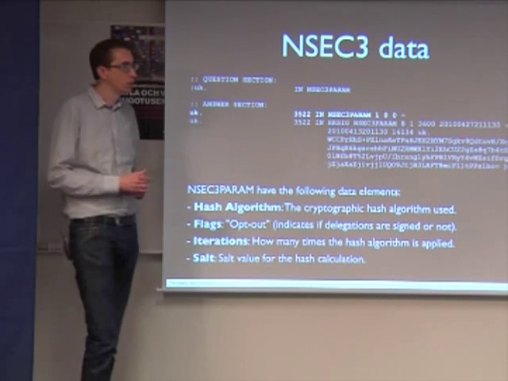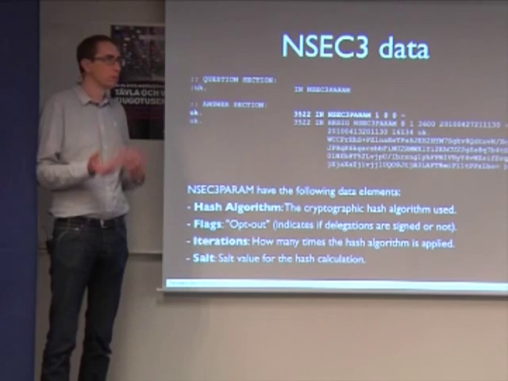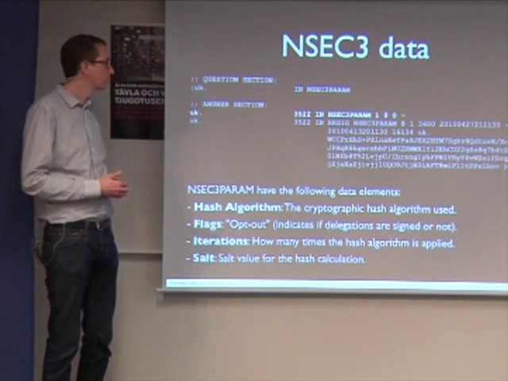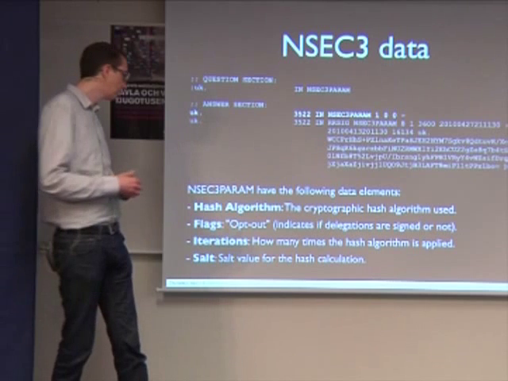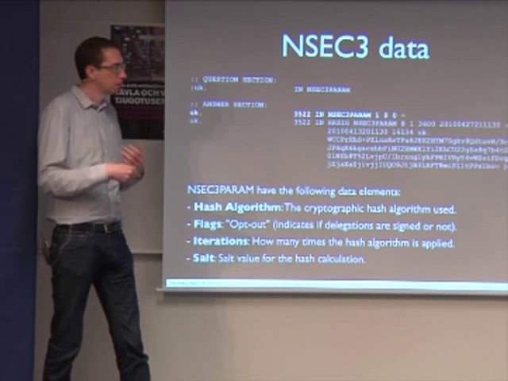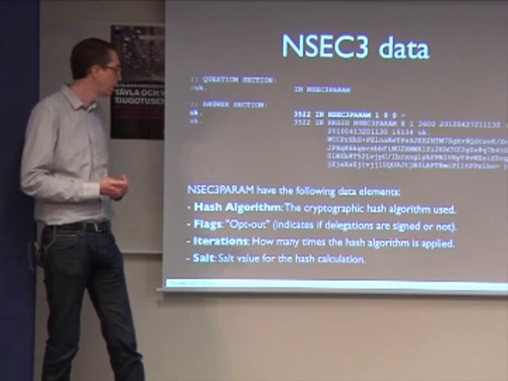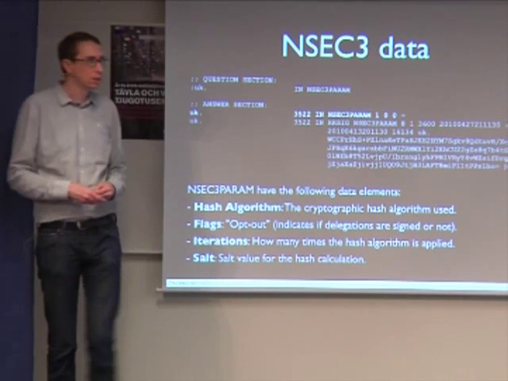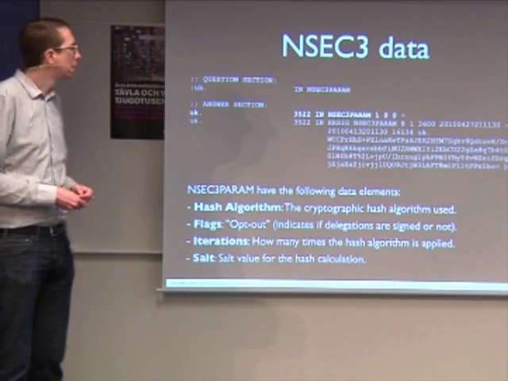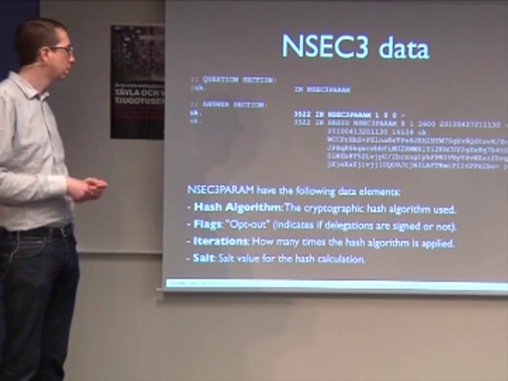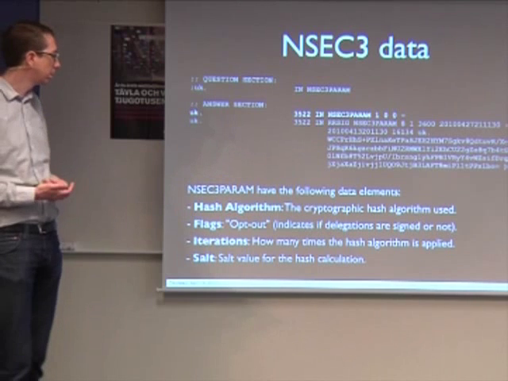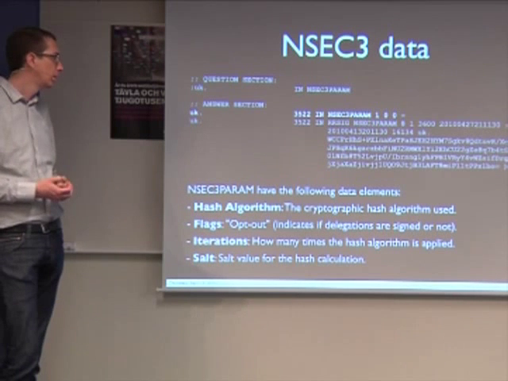And since you don't want to let anybody just build a rainbow table, which means pre-calculating the kind of hashing done in DNSSEC, you can hash something several times, but you also add a salt that you use when you're doing hashing, which means that you have a hash that works over a long time, but you can also later roll the salt value.